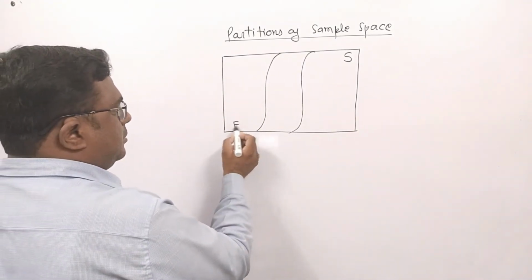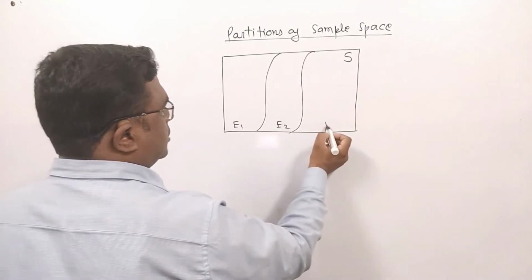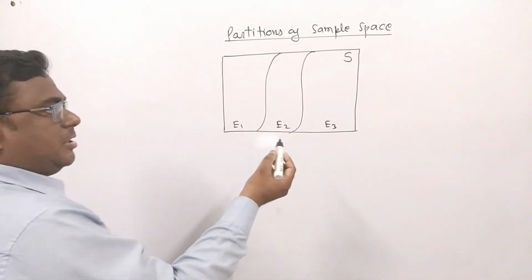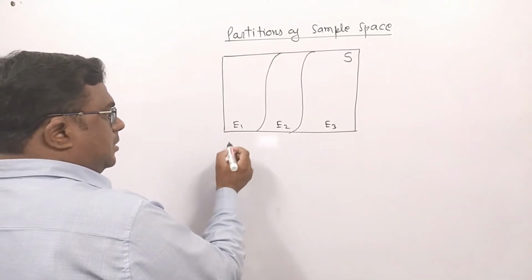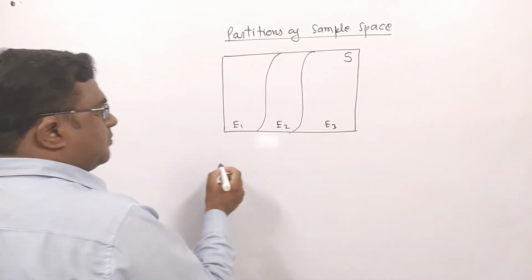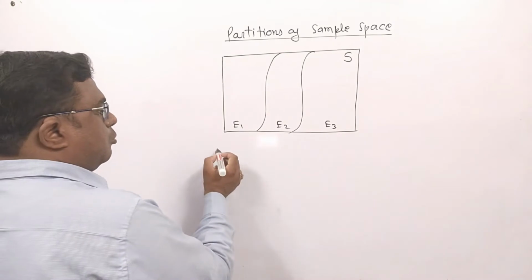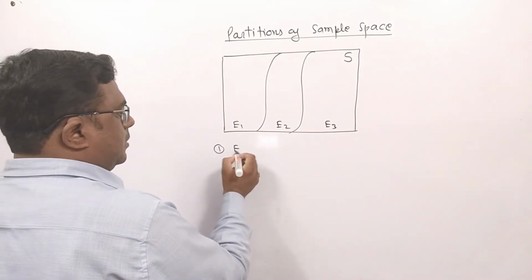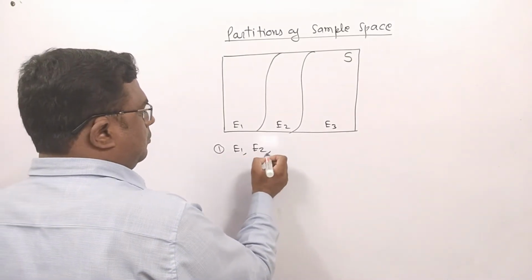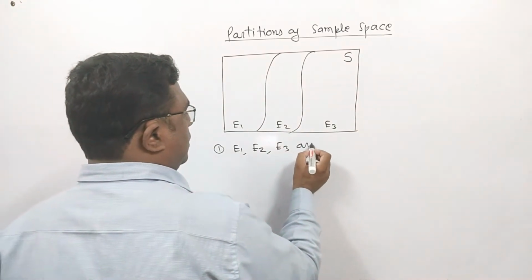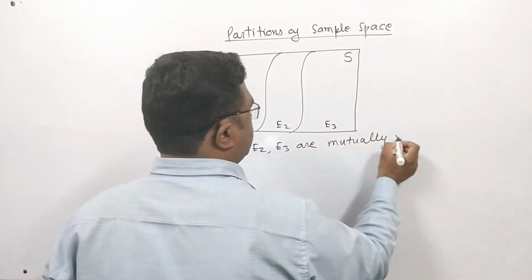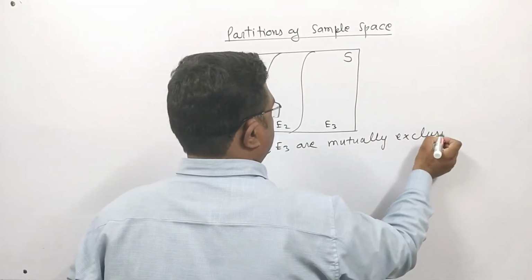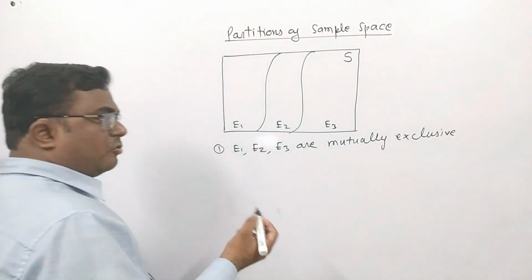Let this part be E1, this part E2, and this part E3. Obviously they are 3 events of the sample space. Then E1, E2, E3 satisfy the following 2 conditions. Number 1, E1, E2, E3 are mutually exclusive. What is the meaning of mutually exclusive?